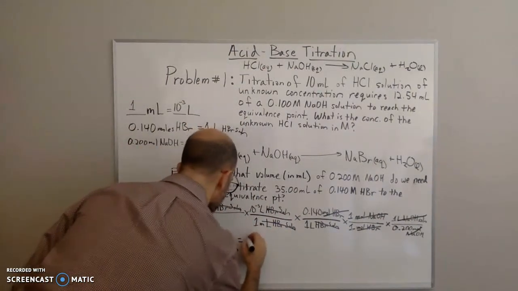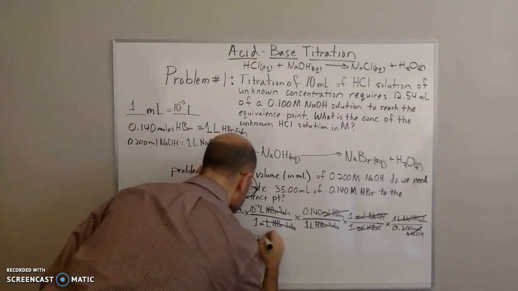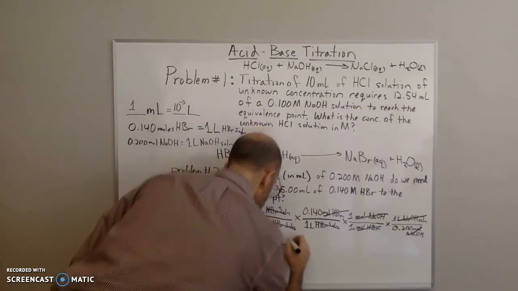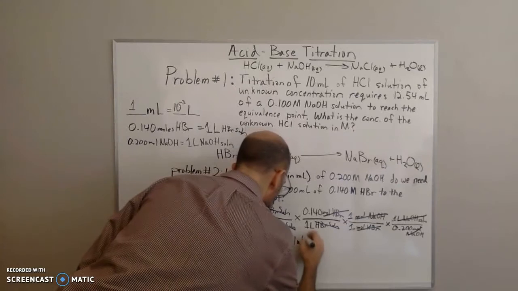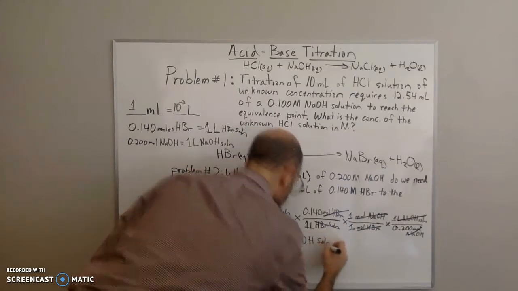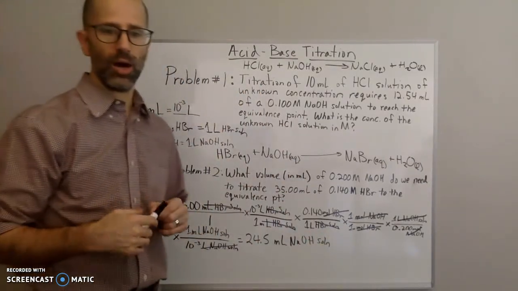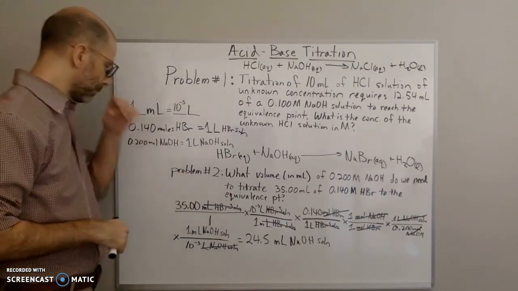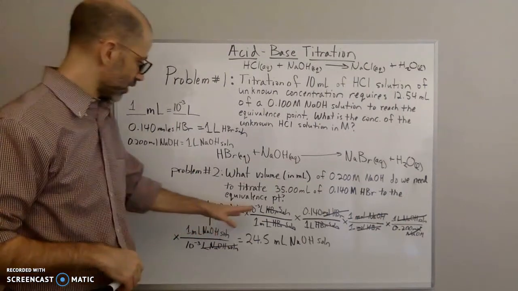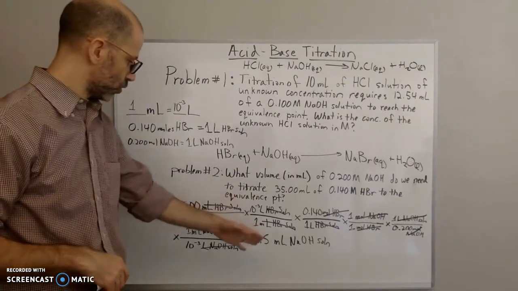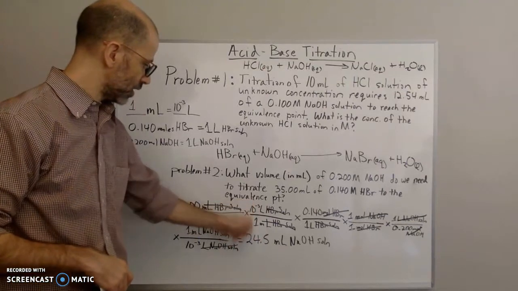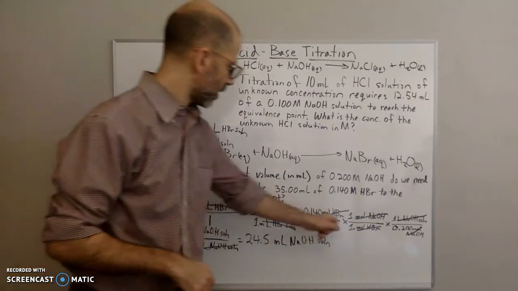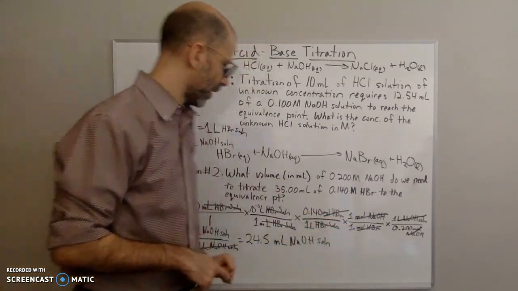So that's going to give me 24.5 milliliters of the NaOH solution. Now I need to figure out the number of significant figures. Looking at everything, ignoring anything that's exact, so milliliters to liters, ignore that, and my mole to mole ratio, ignore that.